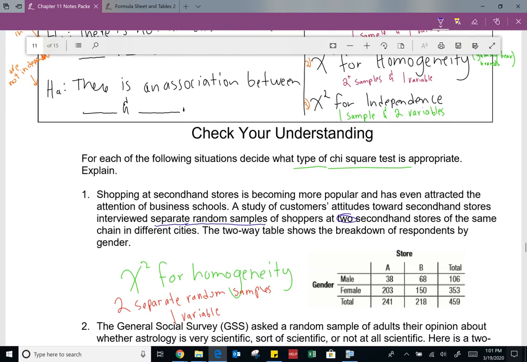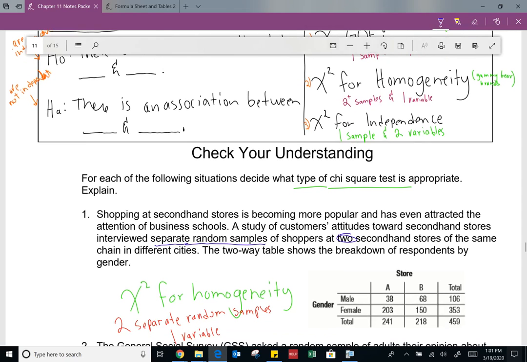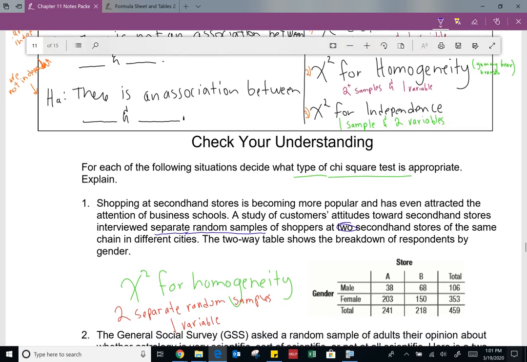In this case, we would run a chi-squared test for homogeneity, because we have 2 separate samples, like our learning target says, and we just have one variable, gender. Each one of these stores is a separate random sample.